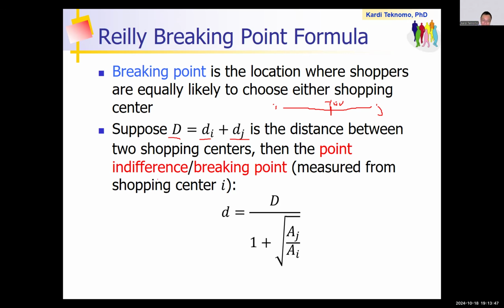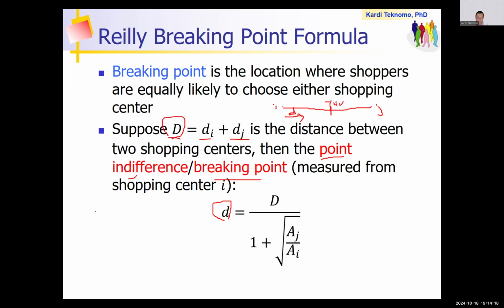So the total between I and J is capital D. Now, I want to get what is called the point of indifference or the breaking point. This small d here represents the distance from I. What is the point of indifference?